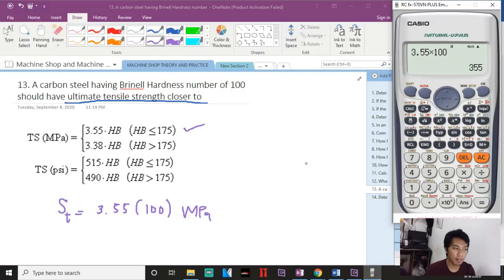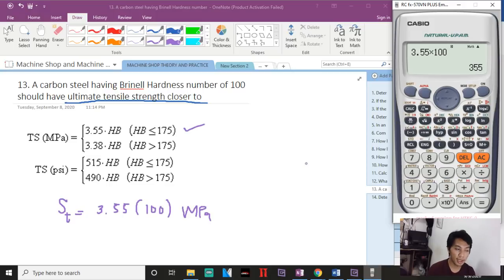So, ganito yan. Brinell number is an empirical formula, yung pagkuha sa kanyang tensile strength. We have conditions na if your Brinell hardness number is lower or equal to 175, all you have to do is to multiply it by 3.55 to get the value of your tensile strength in MPa.